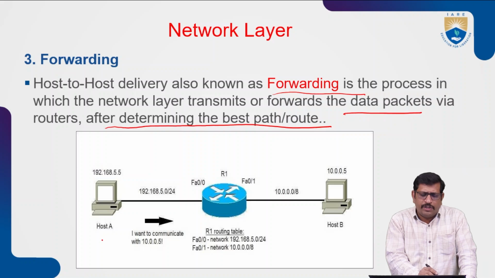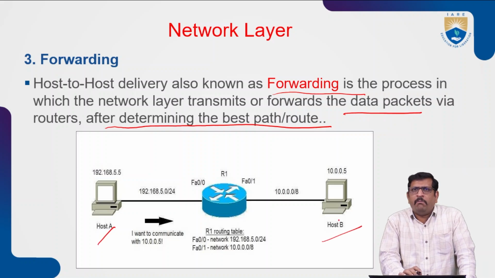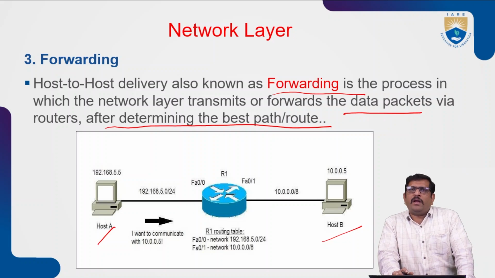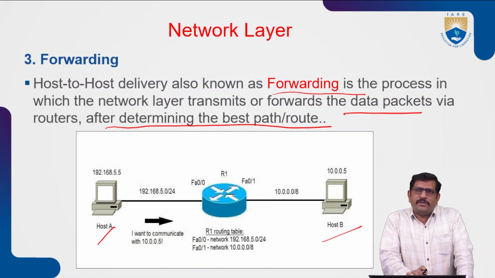From host A to host B, a number of paths exist. A number of routers and networks are connected between host A and host B. From the number of other networks, the best path is chosen.